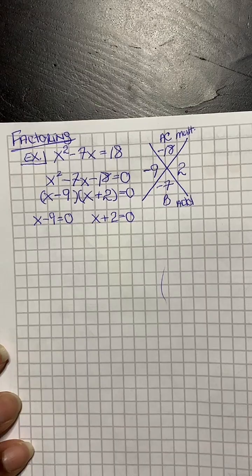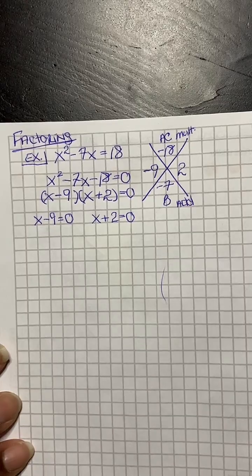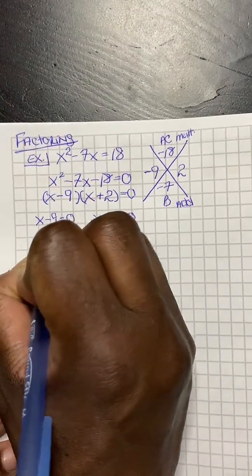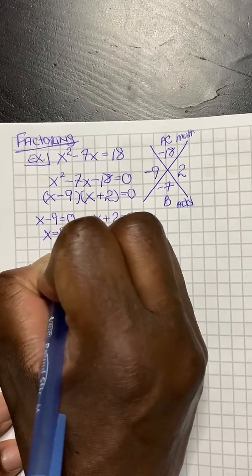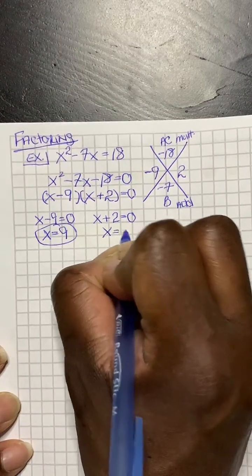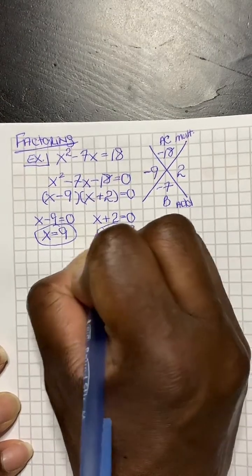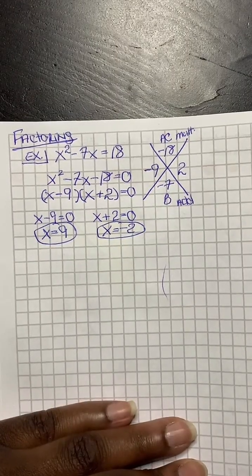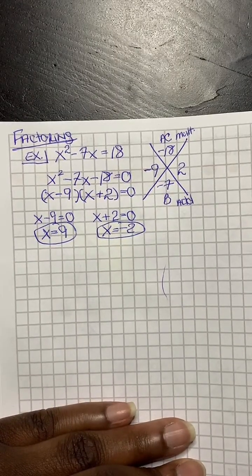So now let's solve. Yep, you can do the quadratic formula as well. So you have x is equal to 9, as well as x is equal to negative 2. All right. Yep, 9 and negative 2.